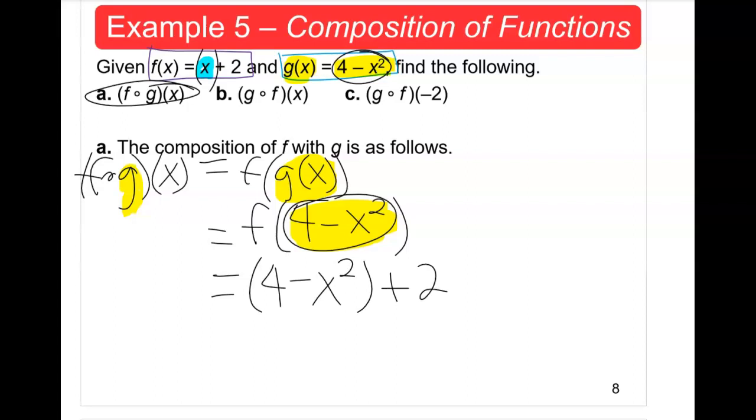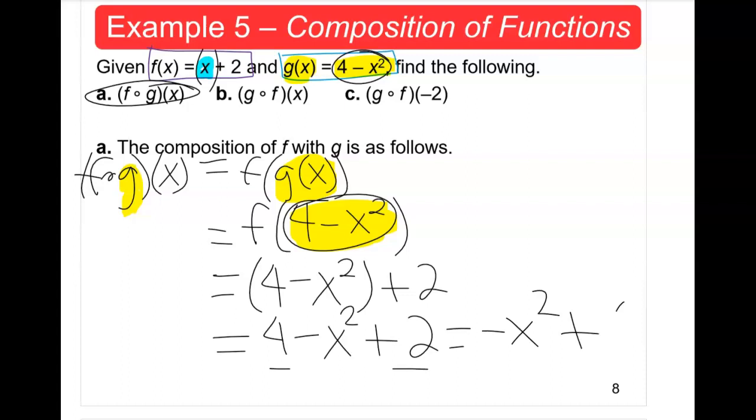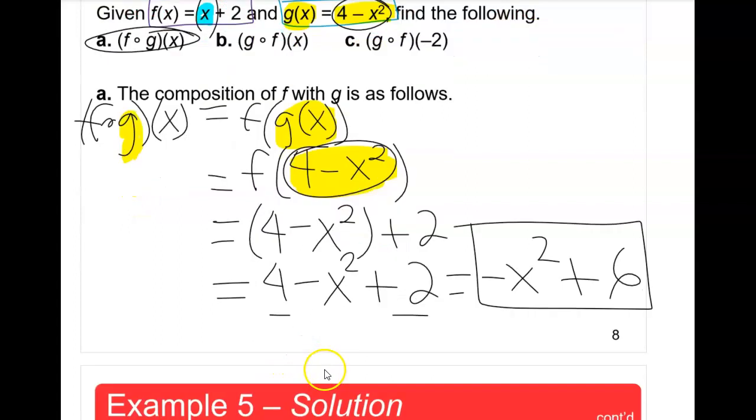And here I just added the parentheses so that you know that I was substituting the x with that whole thing, but we could also get rid of them like that. And then we combine like terms, and so this will be negative x squared, and we have positive 4 plus 2, that will be a plus 6. And so we have that right there, negative x squared plus 6.